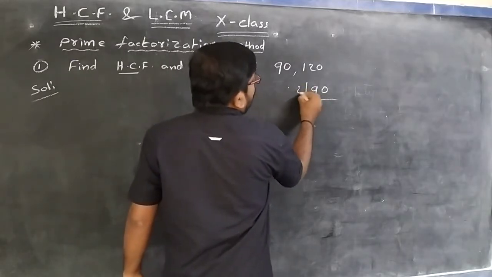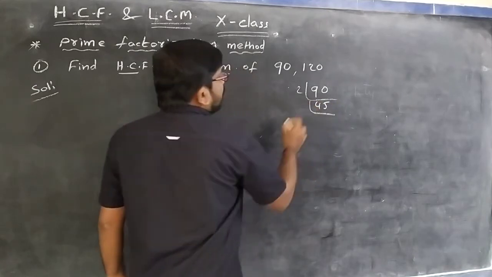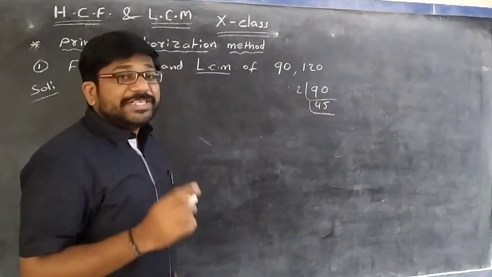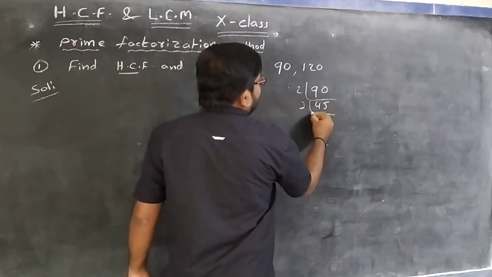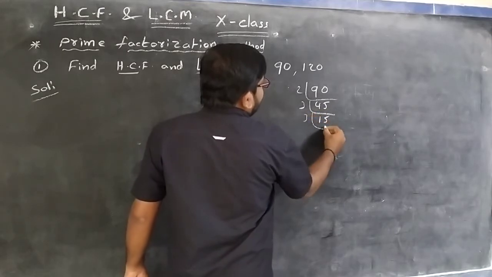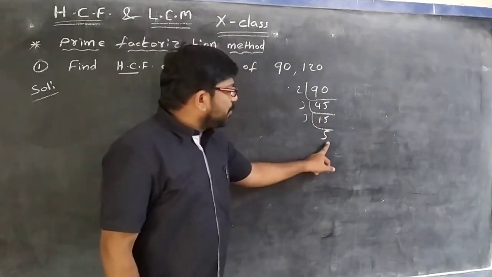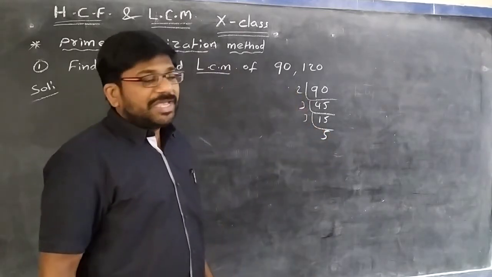It goes into 90, 2 forty-fives are 90. 45 does not go by 2, so the next prime number is 3. 3 fifteens are 45. Again it goes by 3. 3 fives are 15. 5 is a prime number, so we continue this division until we reach a prime number.